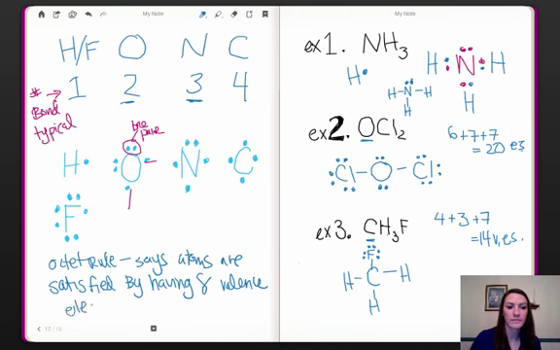Okay? And your exception are hydrogen and helium. They only need 2. And helium, for all intents and purposes, it's not really going to bond, so it doesn't really matter. Really, hydrogen is your huge exception, and it only needs 2 valence electrons.